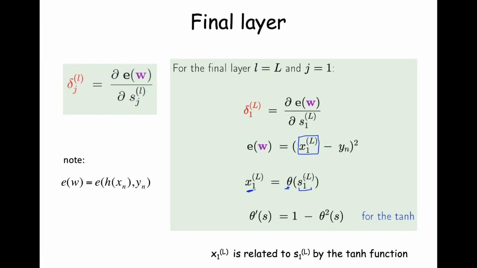Well, if we take the derivative with respect to S1 superscript L, that's just going to be the rate of change, the derivative of that nonlinearity theta. And so it just so happens for hyperbolic tangent, if you take the derivative of hyperbolic tangent of some quantity of the score, that's 1 minus tangent squared of that score.